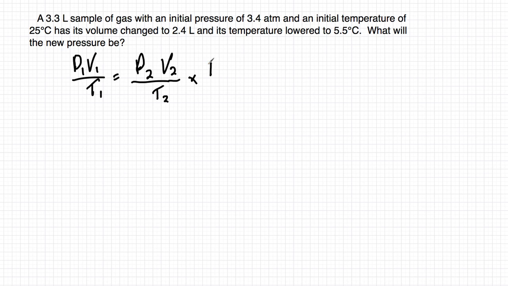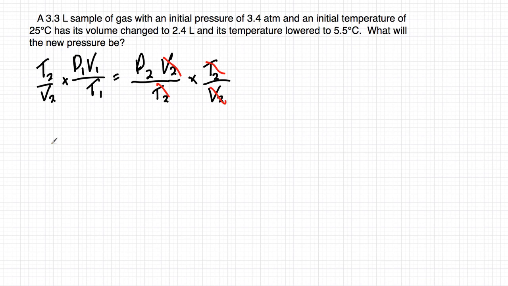So I'm going to multiply both sides by T2 over V2. And you'll notice that the T2 cancels here, and V2 cancels here. And on one side of the equation, we have P2.